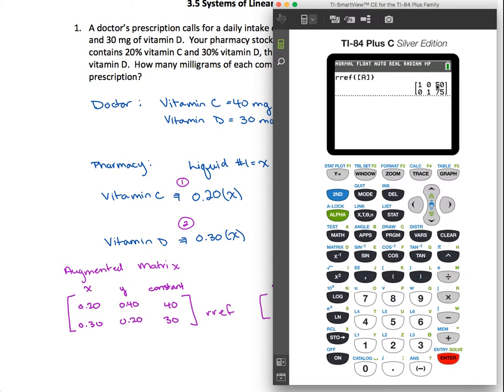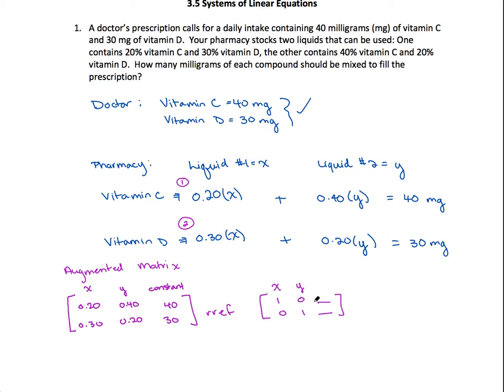So this is telling me that my first row is 50, my second row is 75. Now let's interpret our answer. The leading coefficient in the first row corresponds with x, so this tells us that we are going to end up using 50 milligrams of solution 1, or liquid 1.